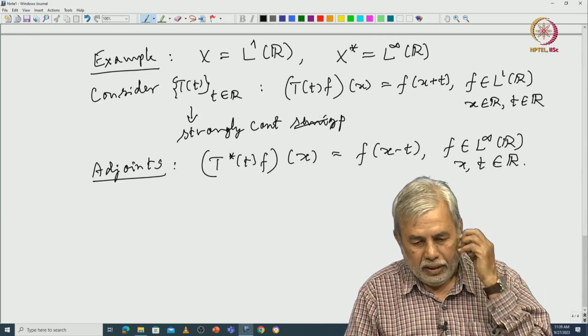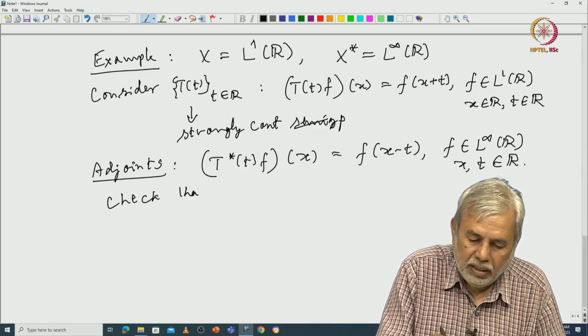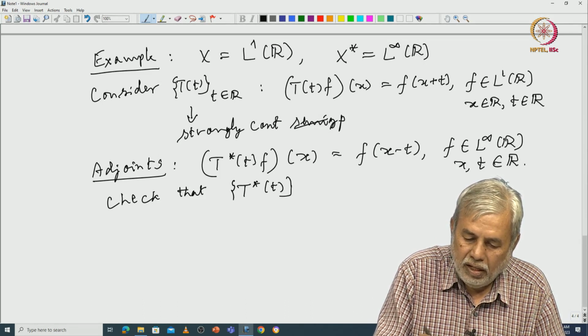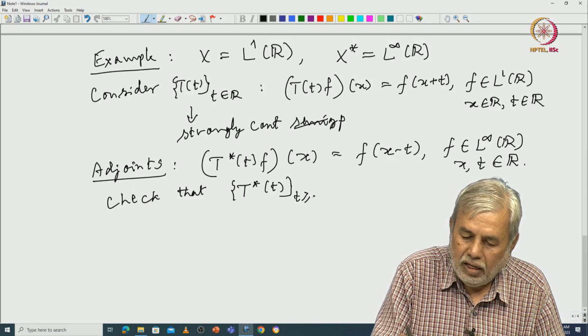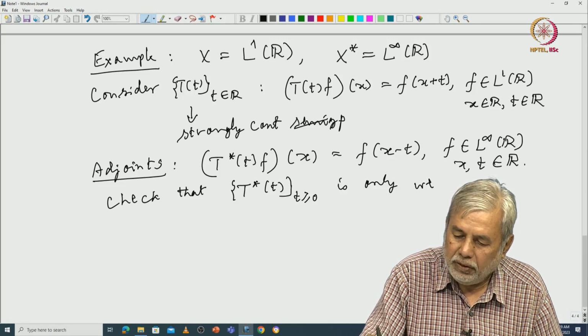Okay. So you can check that T star t is only weak star continuous.